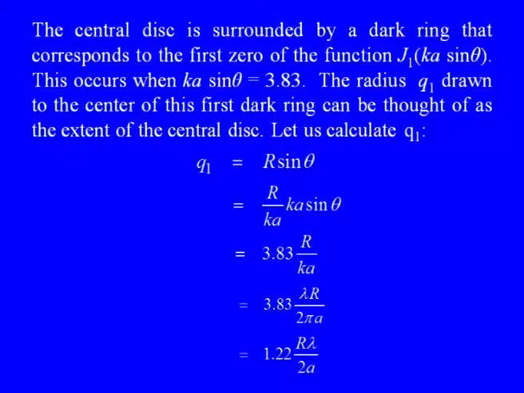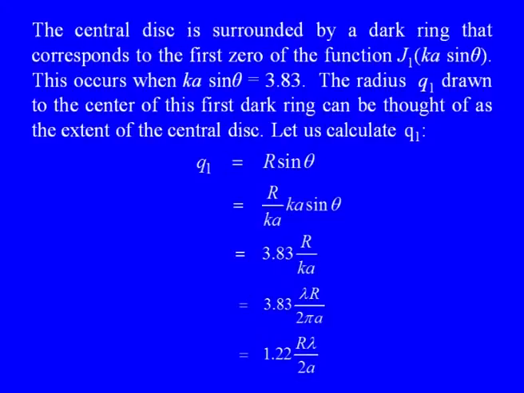The radius q1 drawn to the center of this first dark ring can be thought of as the radius of the central disk, the size or extent of the central disk. Let us calculate this q1.